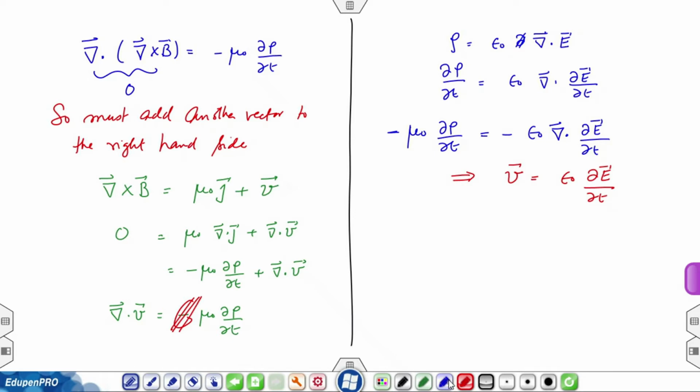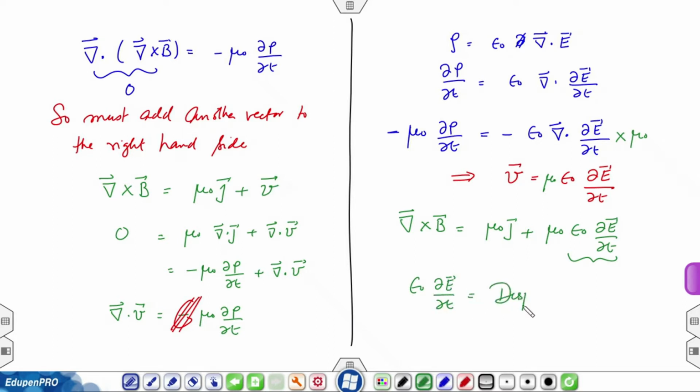So, this is known as Maxwell's displacement current. I should actually have curl of B is equal to mu 0 J plus mu 0 epsilon 0 dE by dt, and this term epsilon 0 dE by dt is known as the displacement current.